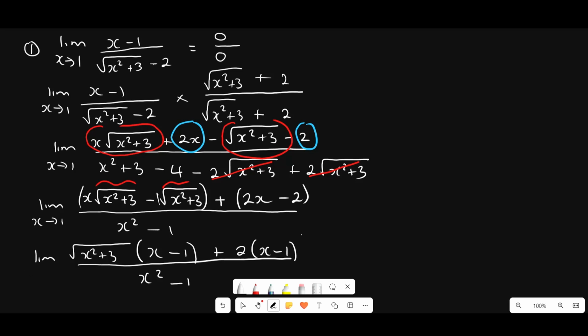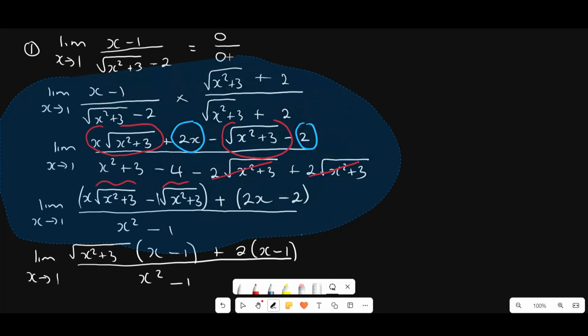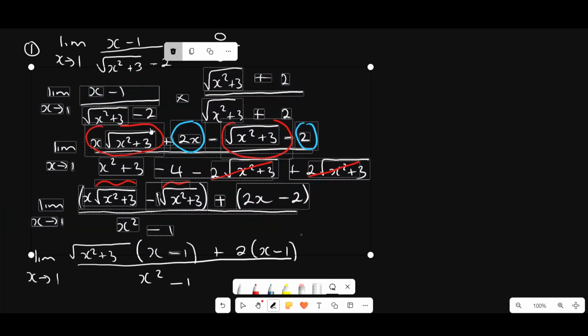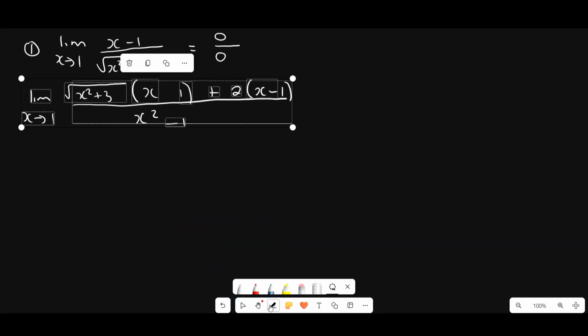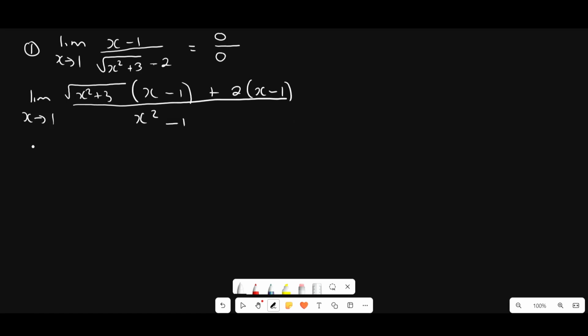So this is the limit as x approaches 1 in that case. Let me just remove this part here. Okay, so this was a negative. So now I can do it by grouping.